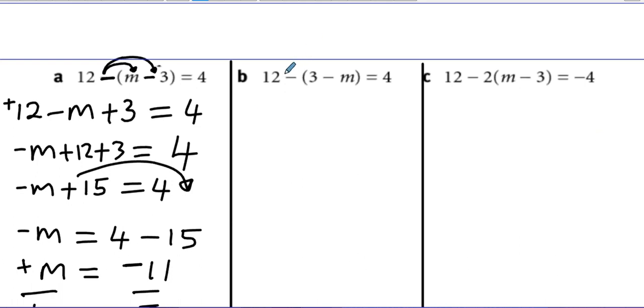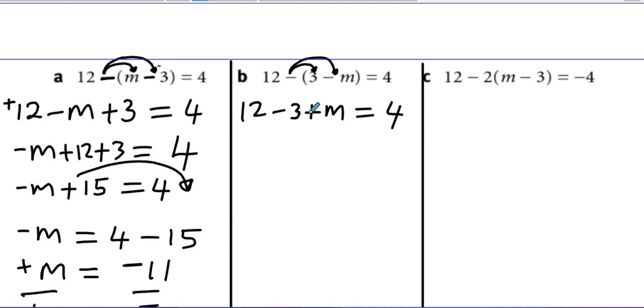Okay, let us come here, do the same thing. Negative times 3. Again, negative times negative m. So this will be 12. Negative times 3 will be negative 3. Negative times negative, this will be positive m. That will be equal to 4. So collect like terms.